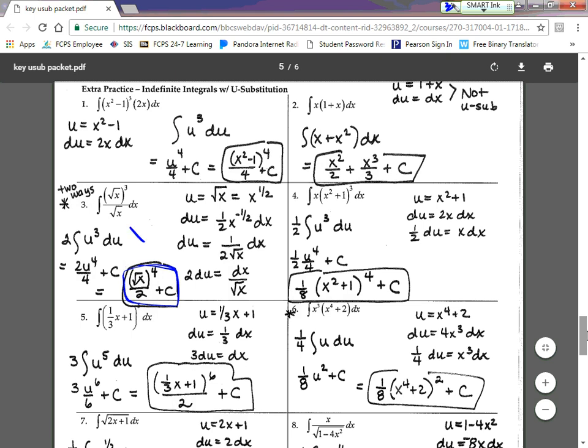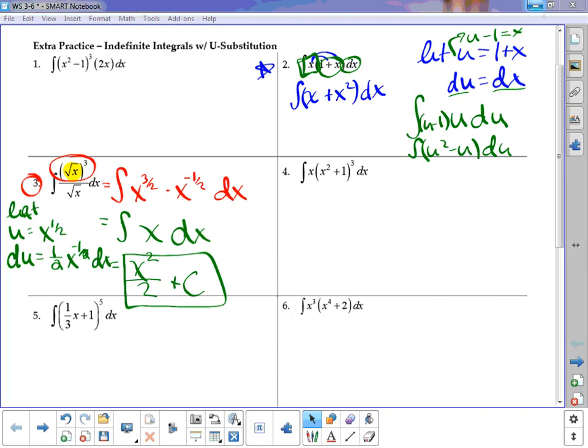Well, again, square root of x to the 4th power is just x to the 1/2 to the 4th power. And what's x to the 1/2 to the 4th? X squared. Good. So then our answer ended up being just x squared over 2 plus c, which is what we had here. So even though they look different, they actually end up being the same answer. Yes? So we have to write it like that, or is the other way also? The other way is perfectly fine. Yep. Having that square root simplifies down to the same thing.